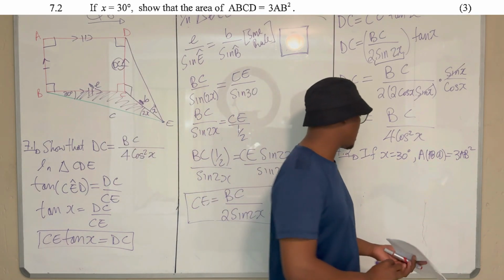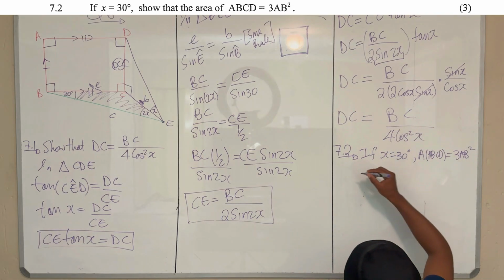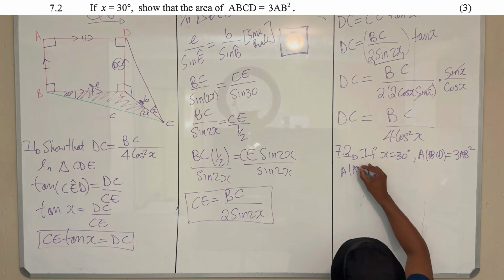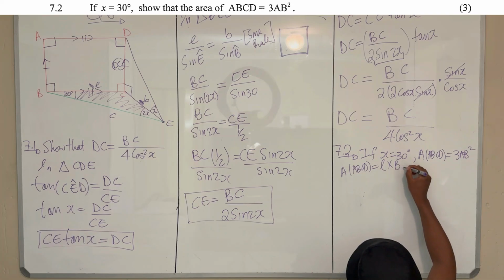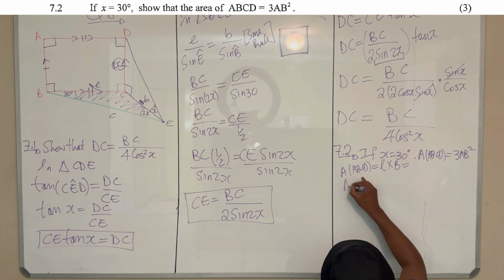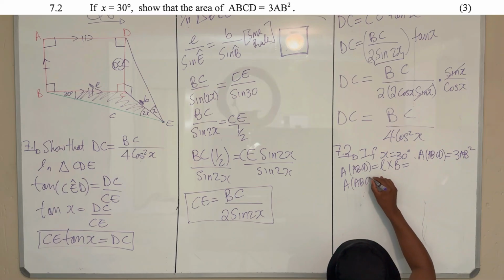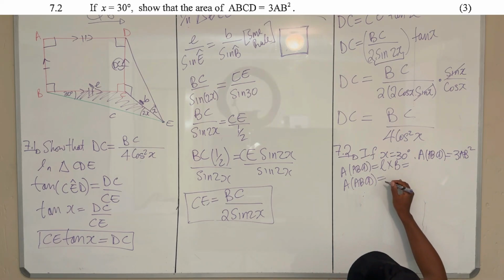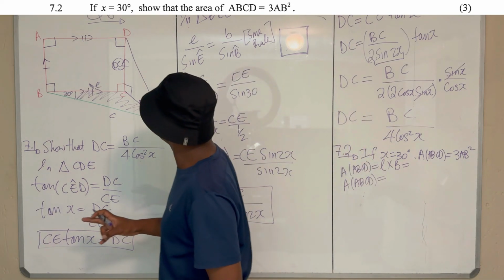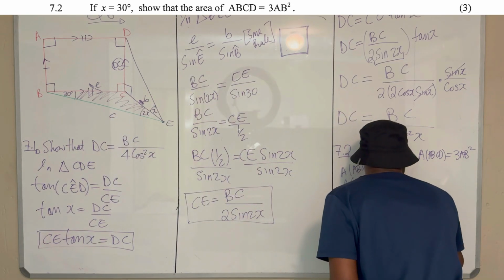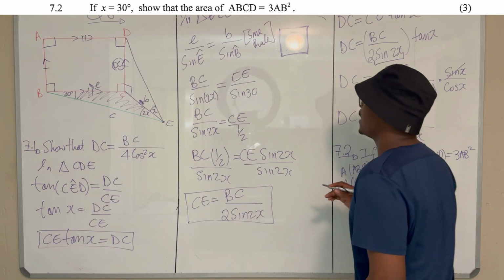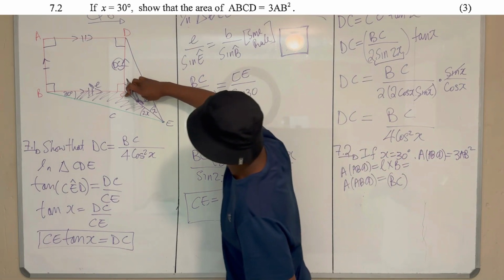What is ABCD? It's a rectangle, right? So the area of ABCD is equal to length times breadth. Our length is BC, times breadth, which is this side or that side.